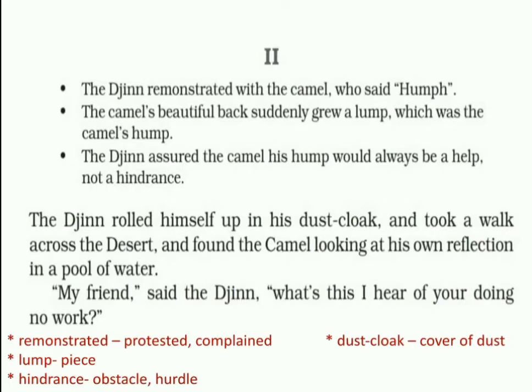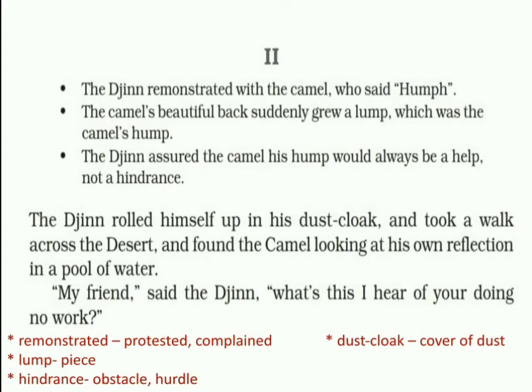Now let us see part 2. In part 2, the jinn remonstrated with the camel who said hump. So remonstrated means complained or disagreed. The jinn disagreed with the camel that it was not doing work, and it wanted to change the camel. The camel's beautiful back suddenly grew a lump, which was the camel's hump.